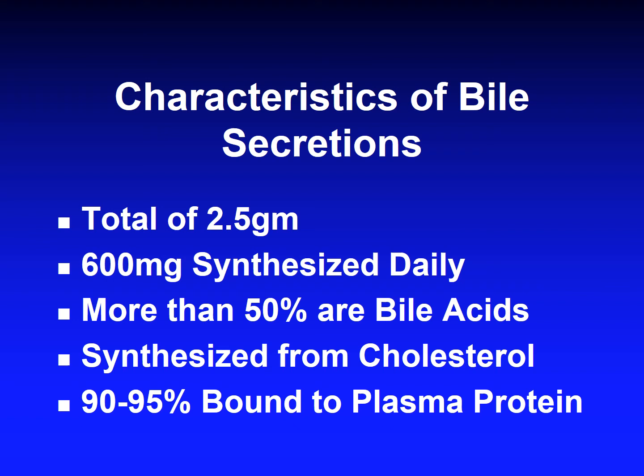The remainder is recycled. More than 50% of bile secretions are bile acids. So half of bile secretions are bile acids, which explains why bile is extremely important for the digestion and absorption of fat, because of the 2 processes that I mentioned earlier, emulsification and micelle formation. Very important. So without bile, there's no digestion and there's no absorption of fat.